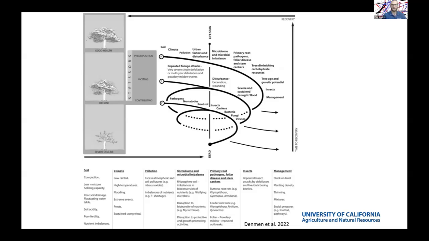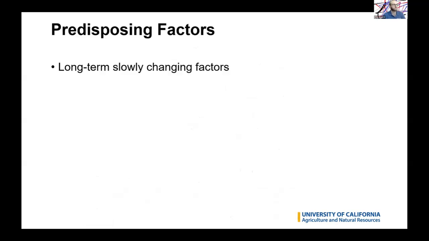But what you can see here with all of them that I've showed you so far is there's essentially been a set of three factors that they talk about: predisposing, inciting, and contributing factors that ultimately lead to tree death. Just to talk about those real quickly, the predisposing factors are the long-term, slowly changing, chronic factors that you don't have a lot that you can change on.